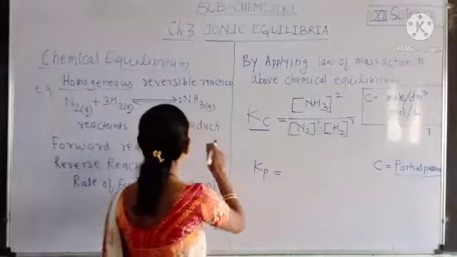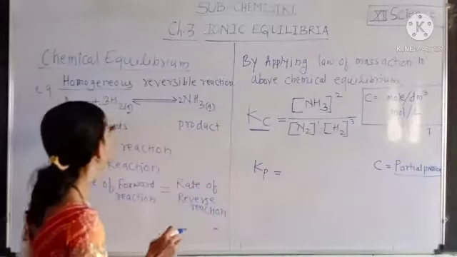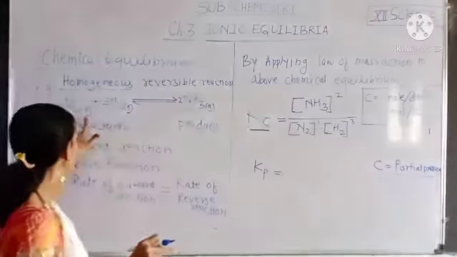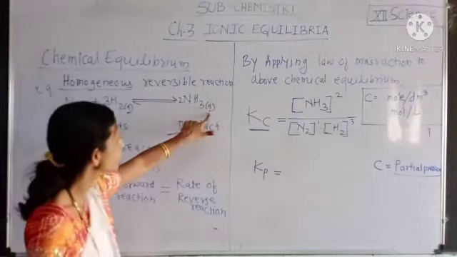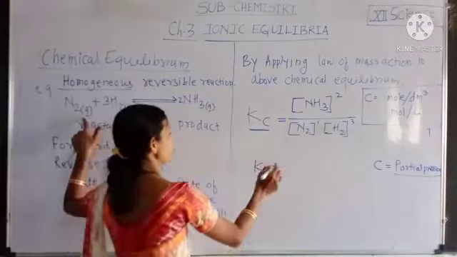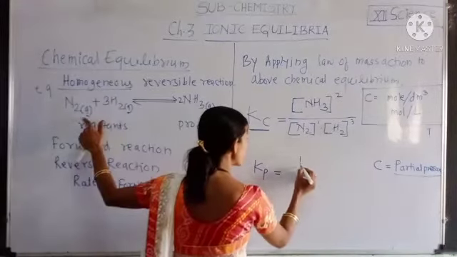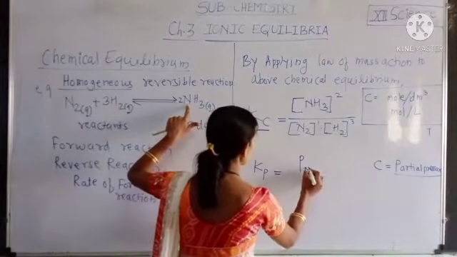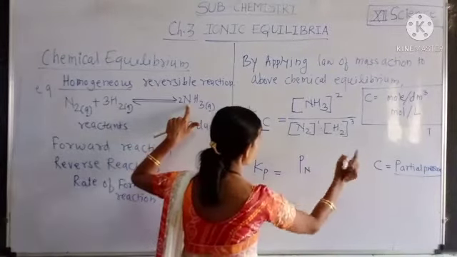Therefore, by applying the law of mass action to this equation when it is carried out in gaseous state, see here, reactants and products are in gaseous state, so we can consider the concentration of products and reactants in terms of partial pressure.